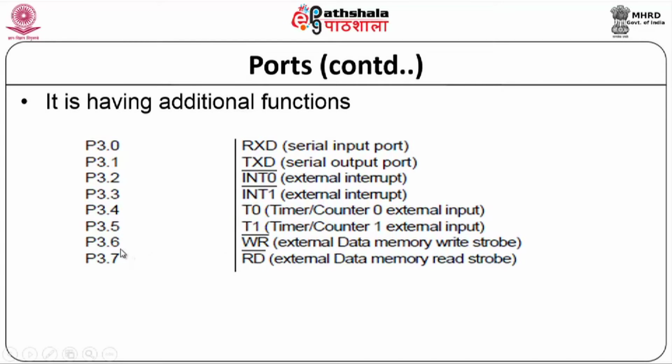Pins 3.6 and 3.7 are for the external data memory write strobe and read strobe. If it is internal memory, nothing is needed. But if I am looking at external data memory, then whether I want to write or read, I have to use these 2 control signals, which are useful to read and write from your external data memory.